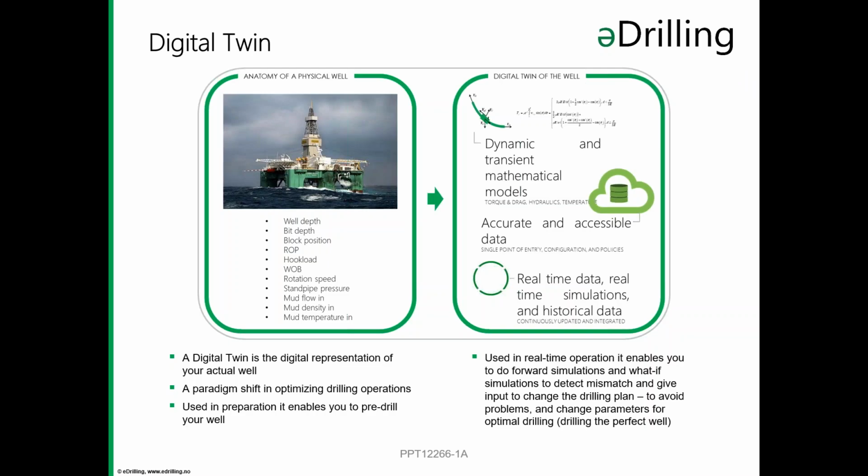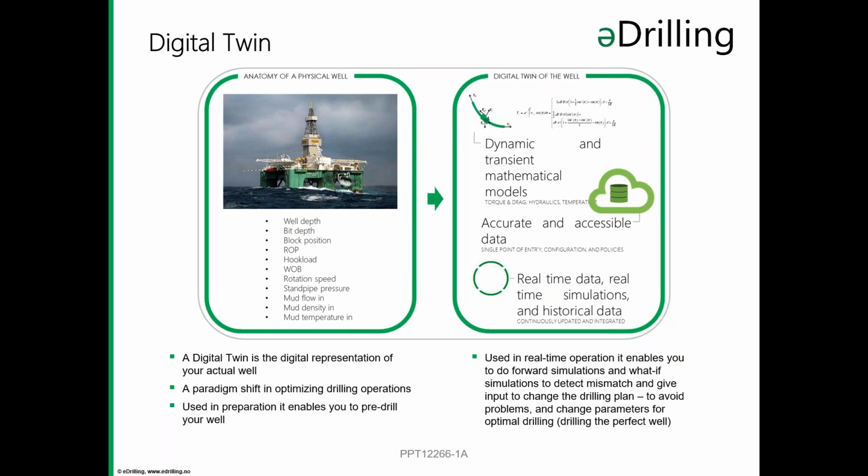So let us start with talking a bit about what a digital twin is. I guess most of you have heard this word a lot of times and have your own opinion of what it actually is. On this image, on the left side you have a typical description of a physical well. You have all your known parameters about the well. You know the formations you are going to drill in.